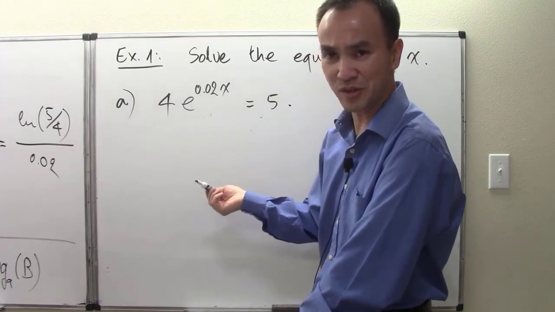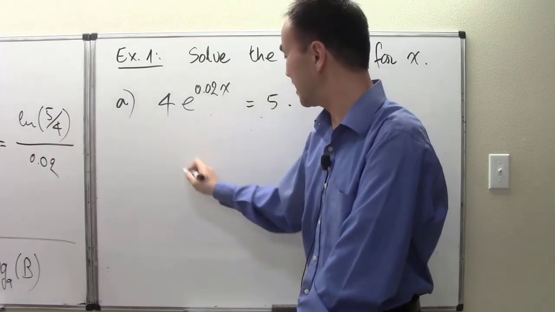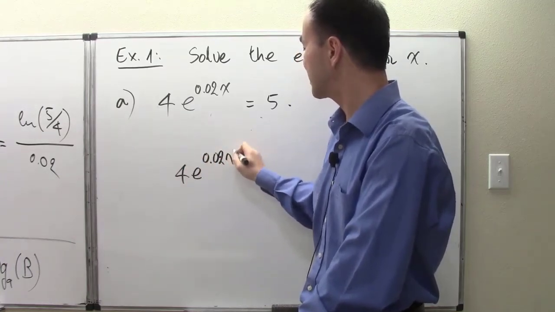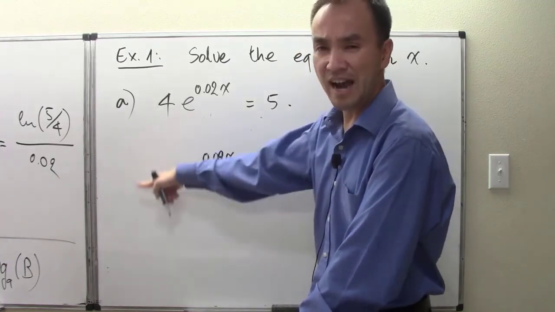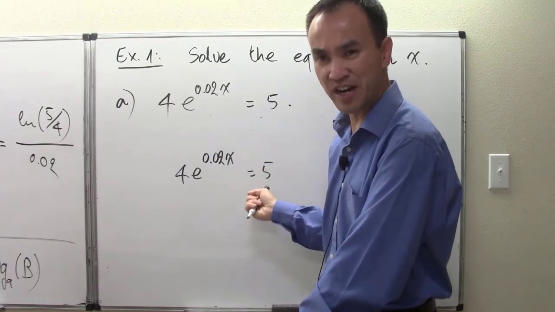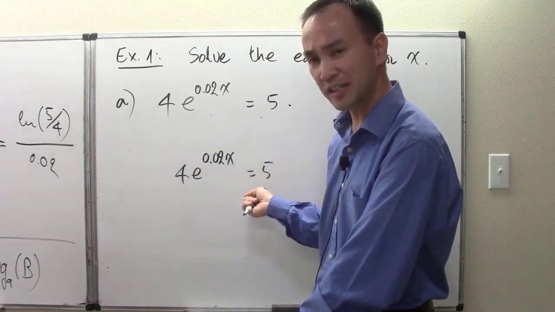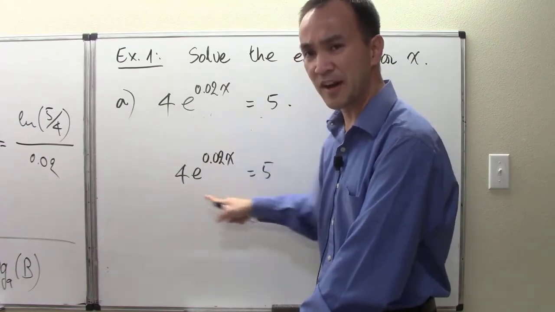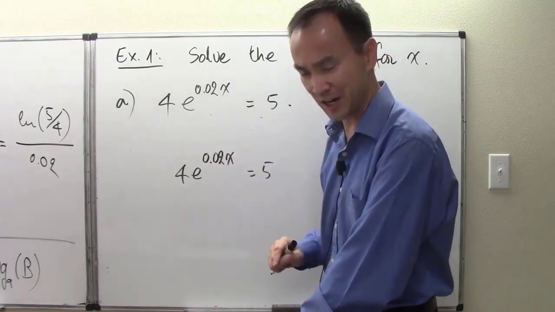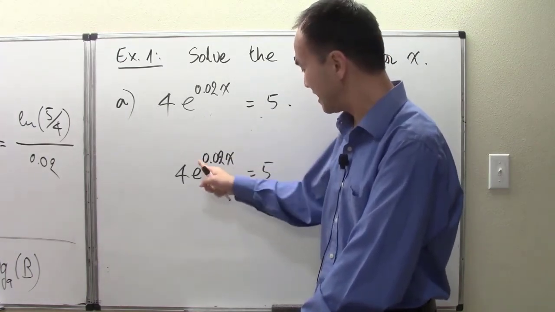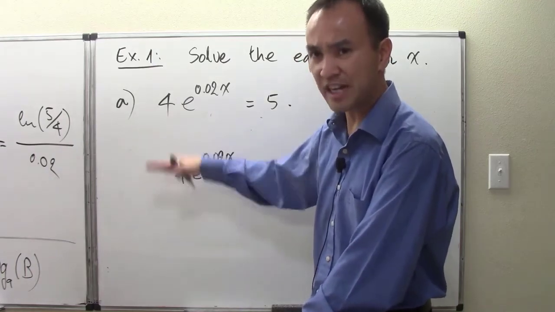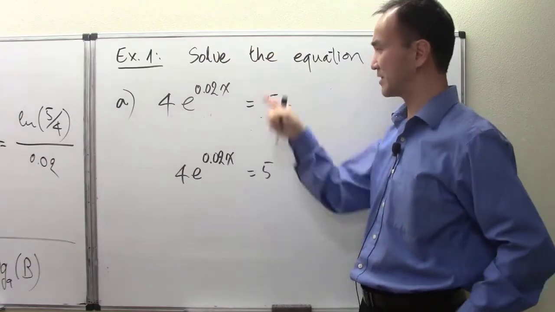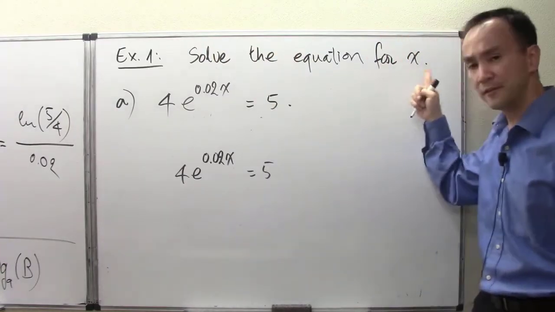You see from the beginning, 4 times e to the 0.02x equals 5. In that lecture, I had examples where I said find the x value satisfying left hand side equal to right hand side. That wording has exactly the same logical meaning as solve the equation for x.